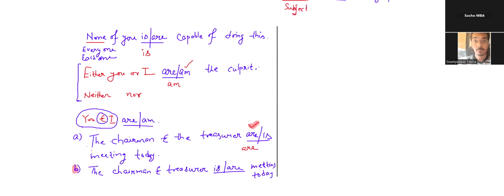Can we move ahead? Which one would be the answer? Is. Why? Because the chairman and the treasurer is the same person. How do you know that? Because the has not been used here. We use the when we point out someone separate. Done.